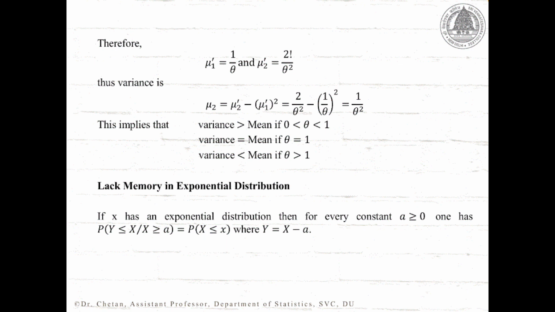For different values of theta, the relationship between the variance and mean varies.